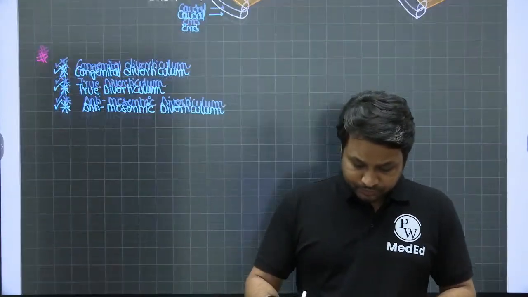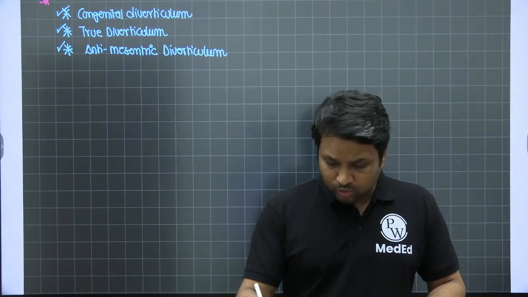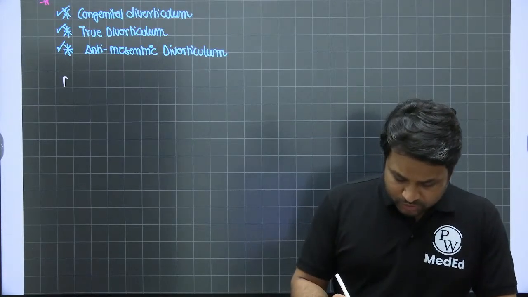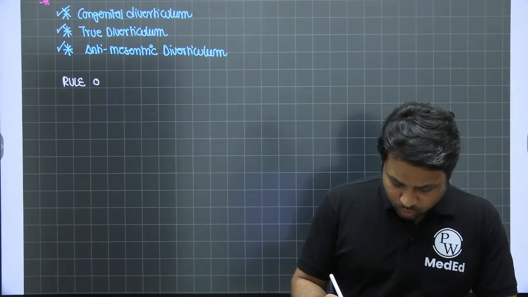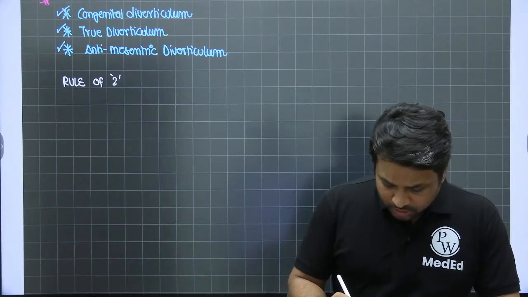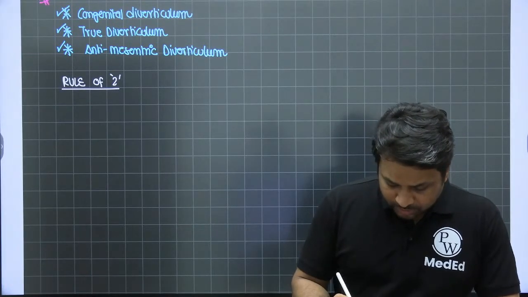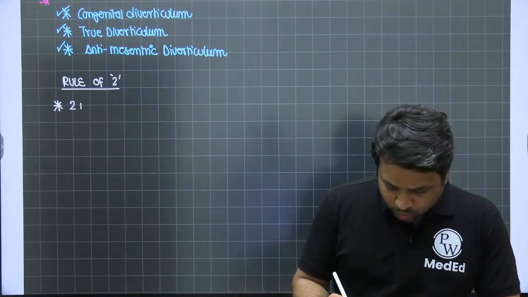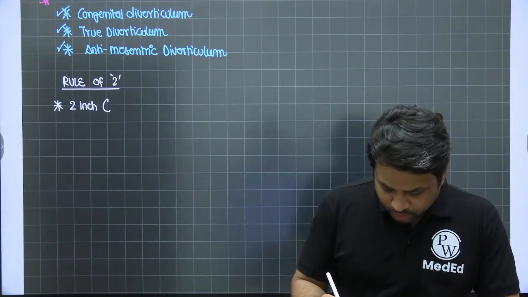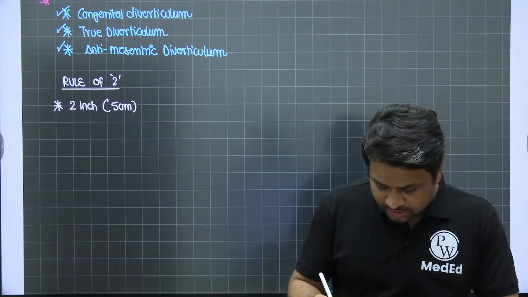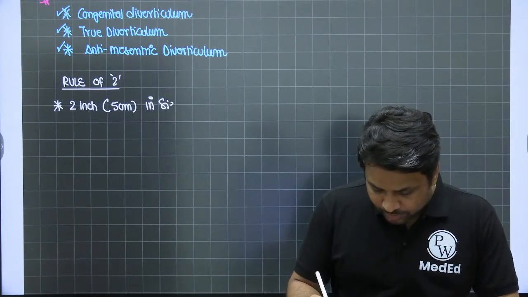Now, there is a very famous rule that the Meckel's diverticulum follows, and that is what we call the rule of two. Number one, it is 2 inches, that is approximately 5 centimeters in size, so it's quite big.